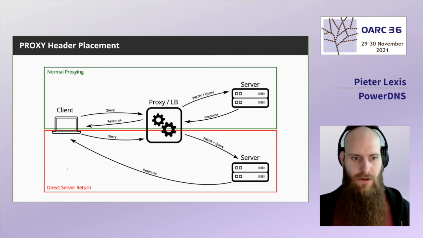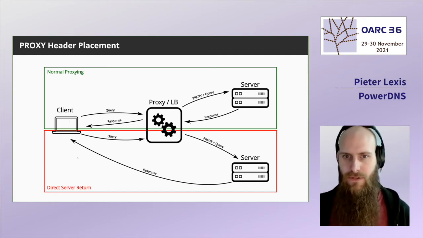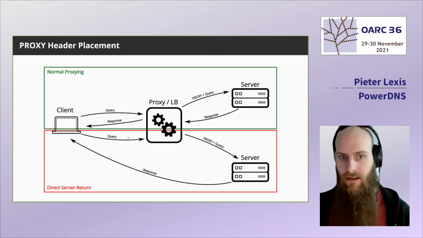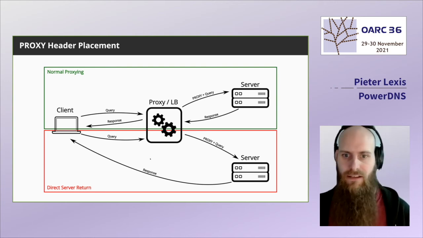You could also have direct server return. We have not implemented this because we like having our proxy keep statistics, but there it's exactly the same. Client sends a query, proxy sends the query off to the backend, prepending the proxy header, and then the response immediately goes back to the client.